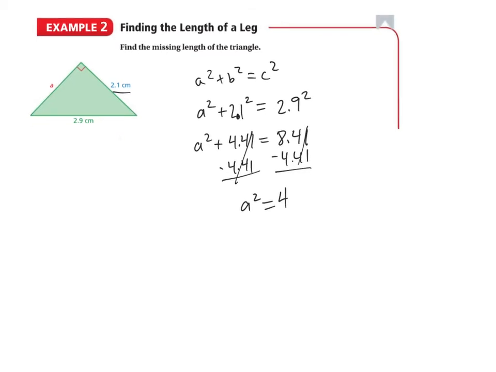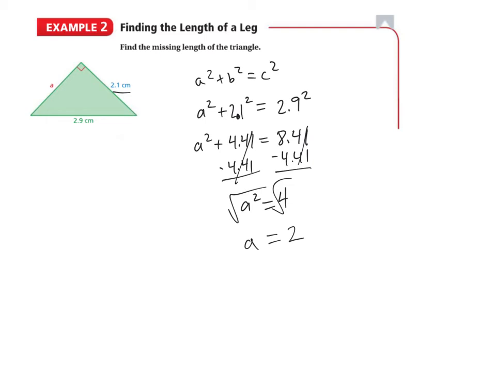Take the square root of both sides, and we get our a by itself, and we get a positive 2. We're going to talk about positive and negative here on the next slide. Okay, so that should get you through everything.